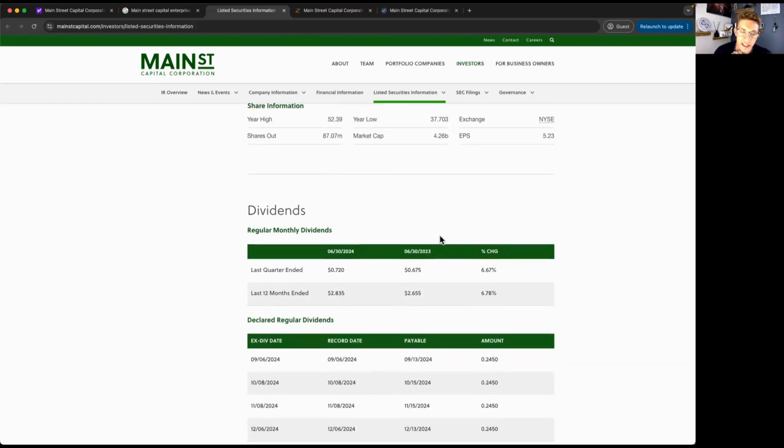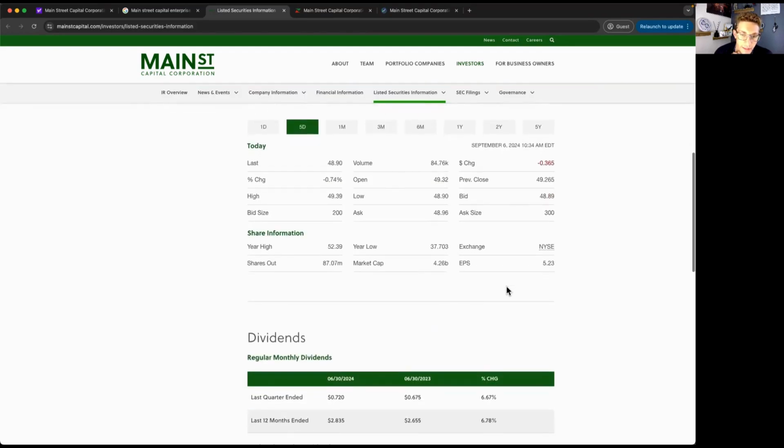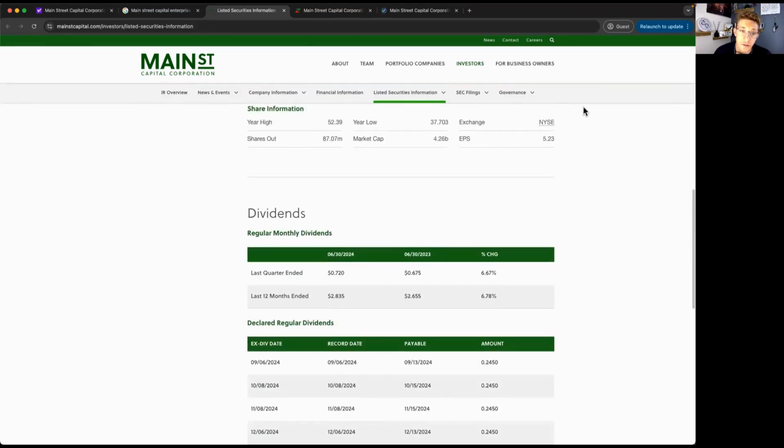What's funny, there's all sorts of things that you can look at on here to find. This is showing market cap. Find company financial information, right? This is off of the actual Main Street Capital Corporation website, right? And a lot of websites will do this actually.